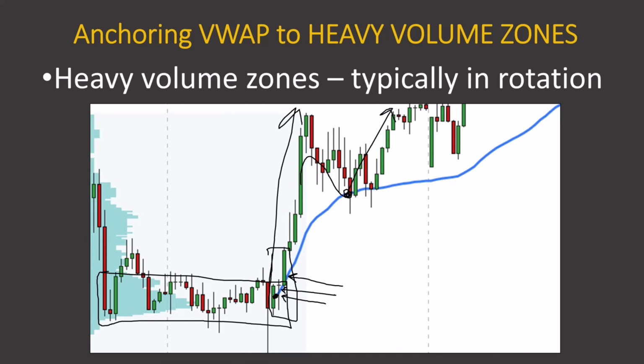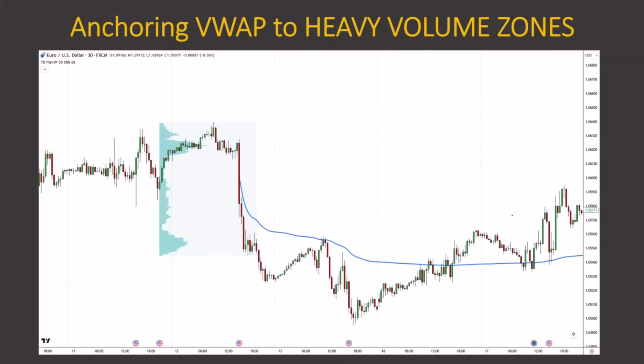So there is no exact rule, and you won't make a mistake if you choose, let's say in this example, any of those three, but you should target the last candle of the rotation and the first candle of that new trend. Now let me show you a couple of examples that will make it clearer.